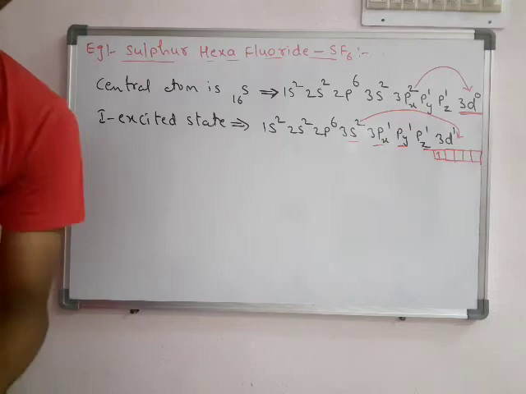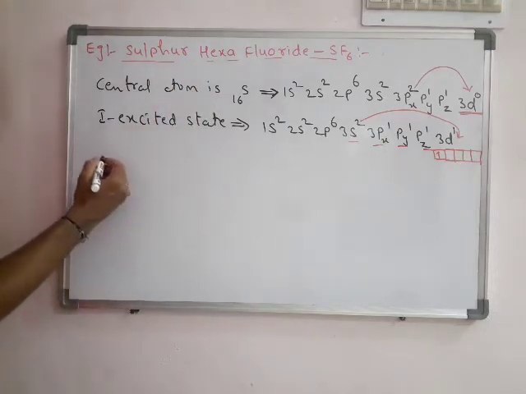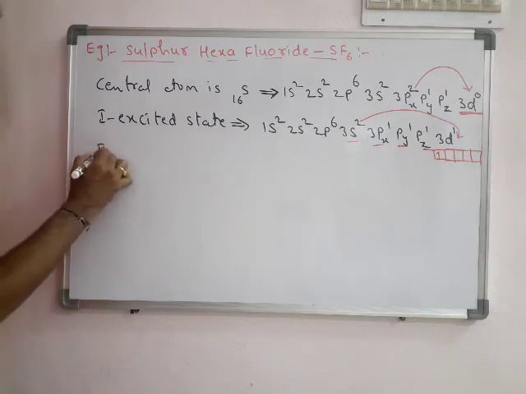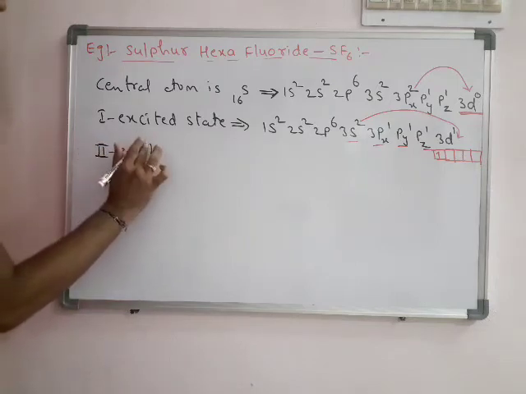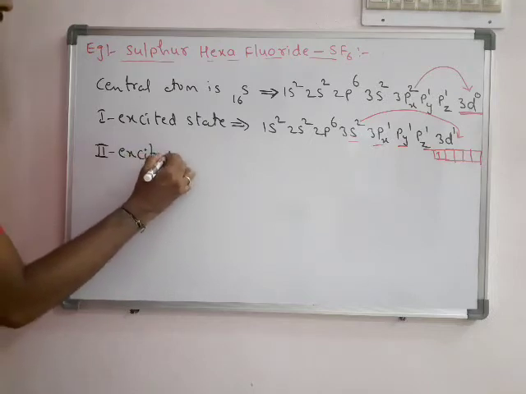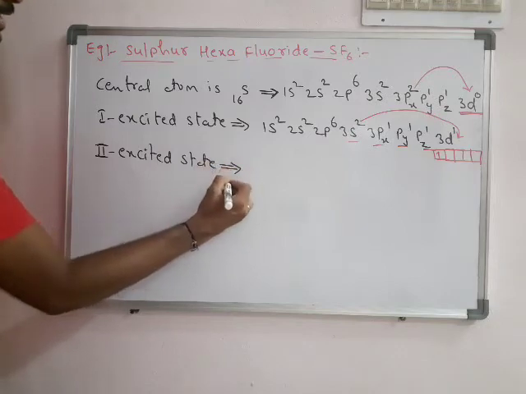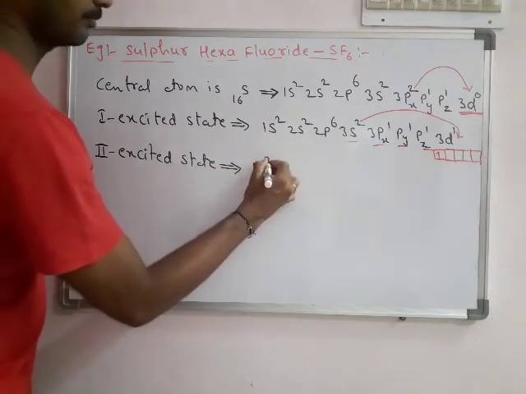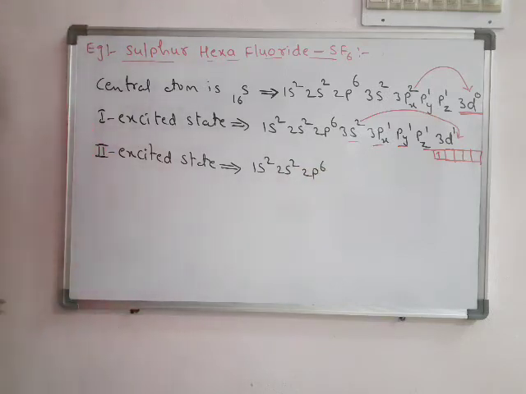The second electron also transferred to another vacant orbital, and that is treated as the second excited state. You must understand these excited states. 1s2, 2s2, 2p6.